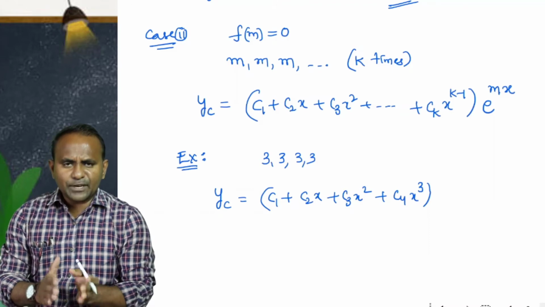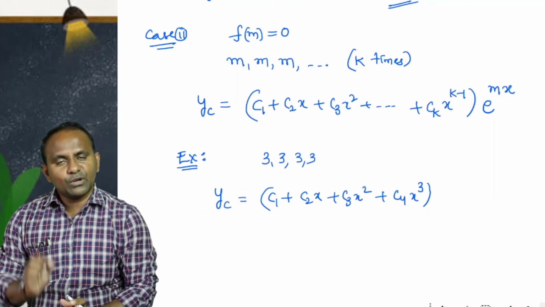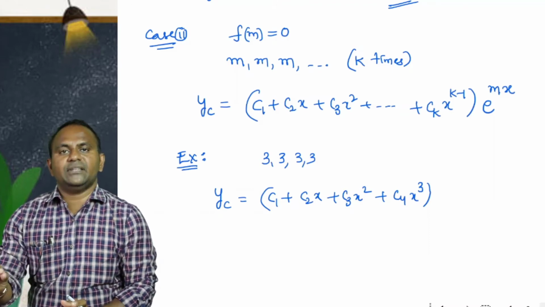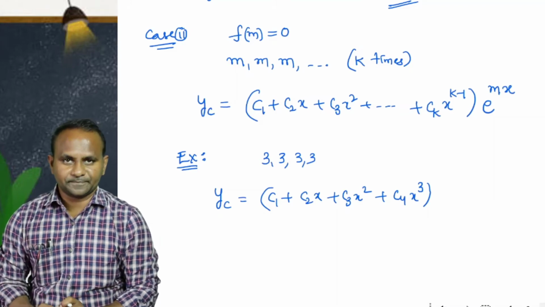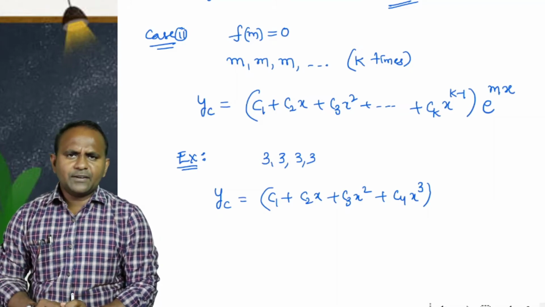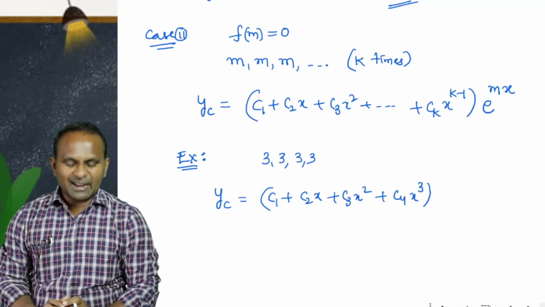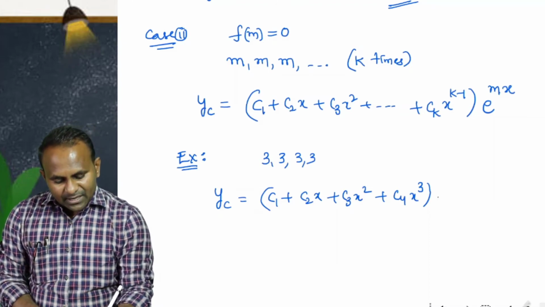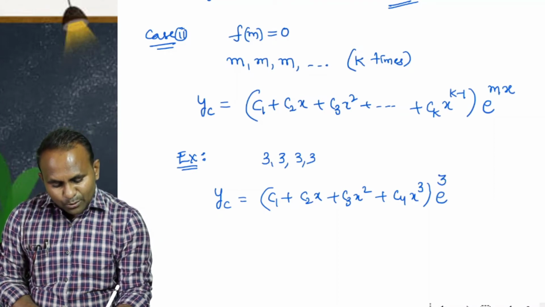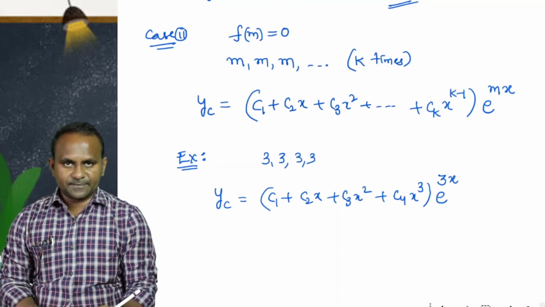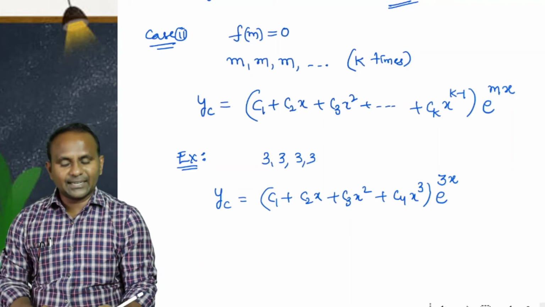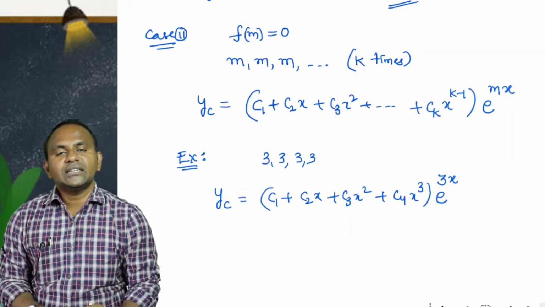See why x has been used here? Because you are thinking that your differential equation has the independent variable x. Suppose your independent variable in the differential equation is t, you write this complementary function also in terms of t. Doesn't matter. And e power 3 is the root. Ultimately 3 is the root, so e power 3 times x. Hope you understand that. This is the second case, real and repeated roots.